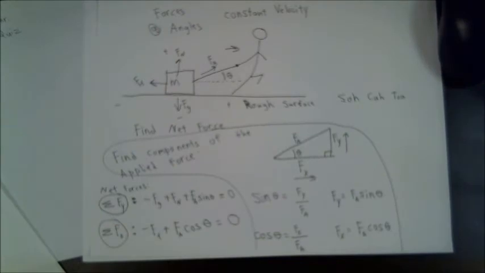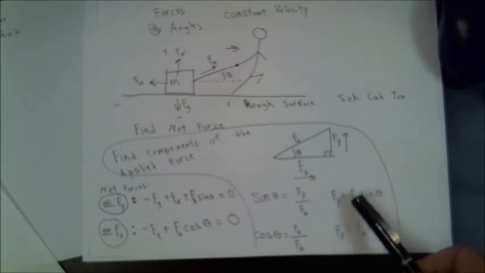There you go. That's how you do the net forces, and that's how you find the components. So when you're finding the components of an applied force, just take your applied force multiplied by the sine of the angle and applied force multiplied by the cosine of the angle to get your components: force in the y direction and force in the x direction.